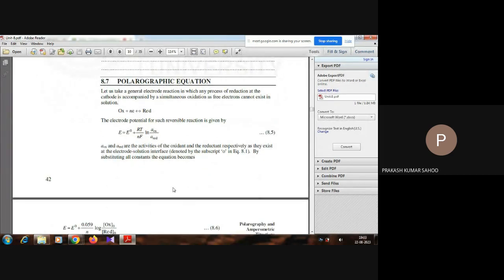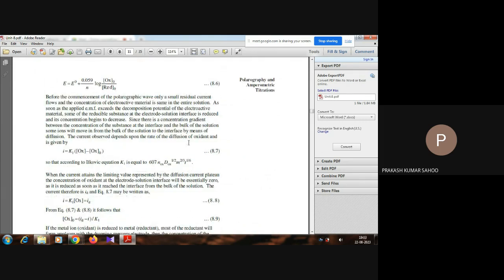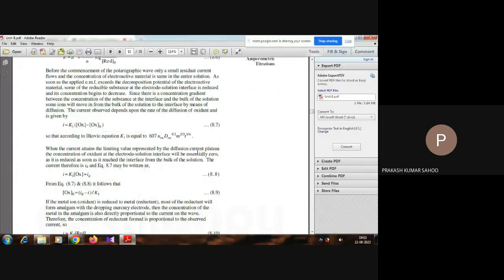Then we have some polarographic equations. Again, it is the Nernst equation: E equals E0 plus RT by nF log of the activity or concentration of the oxidant divided by the concentration of the reductant. E0 is at standard state.